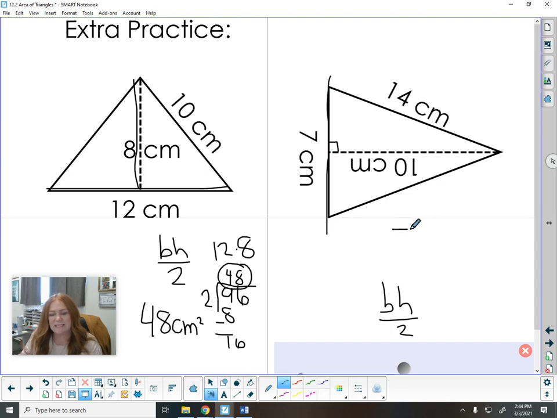The height is from the right angle, 10. So 7 times 10 is 70. But that found a rectangle, so we need to cut it in half. So our answer is 35 centimeters squared.